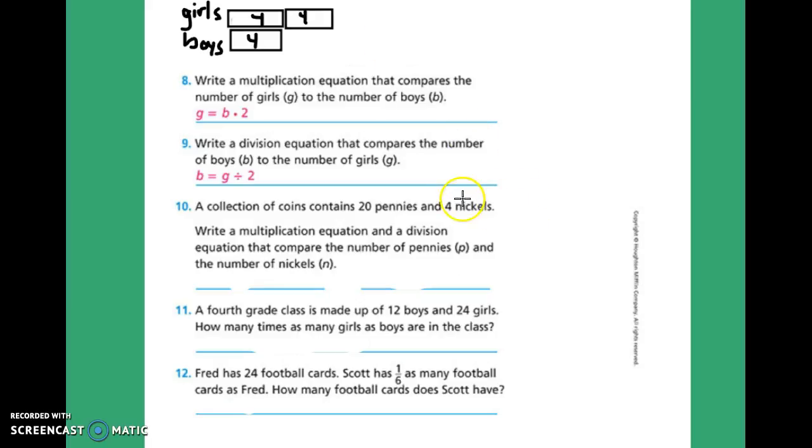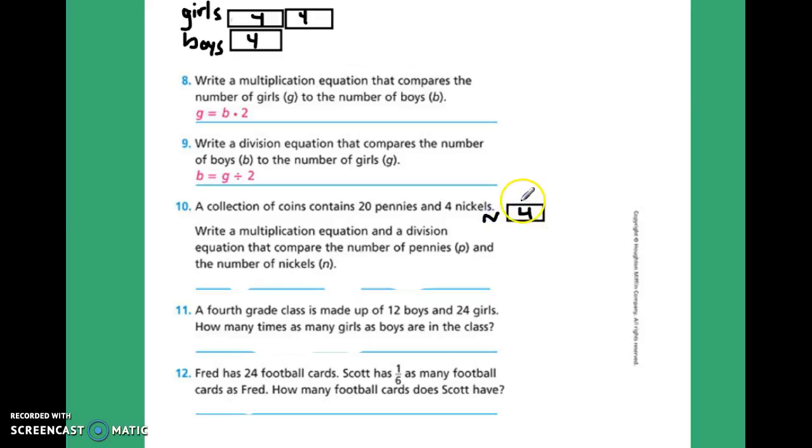So again, my smallest number is 4, and that's nickels. Oops, sorry, I'm going to write 4 in there. So I've got 4 nickels. Put N out here for nickels.